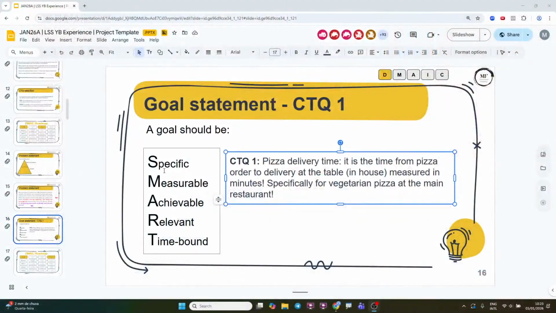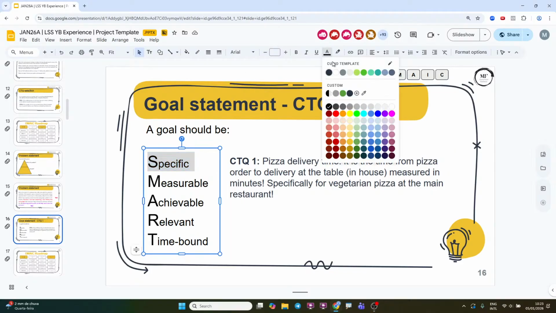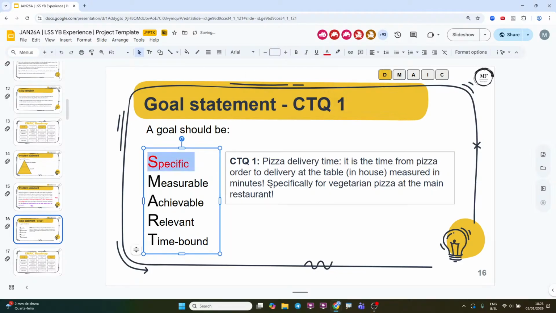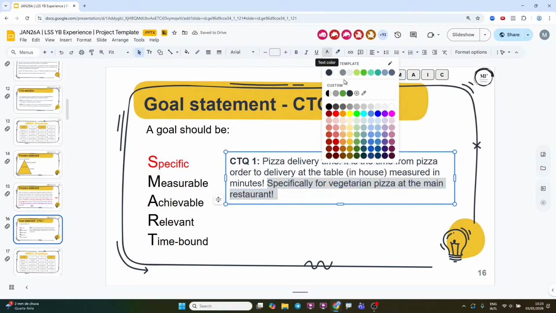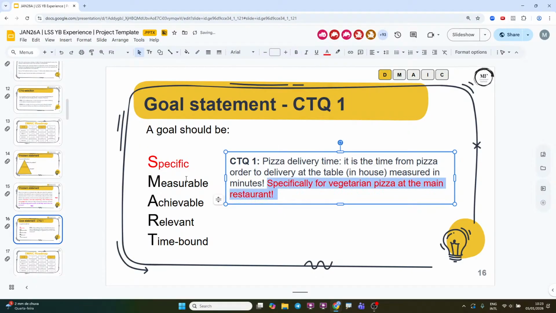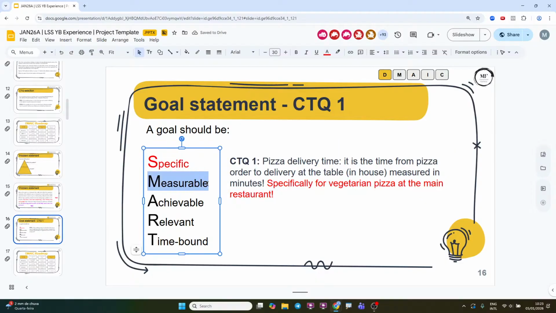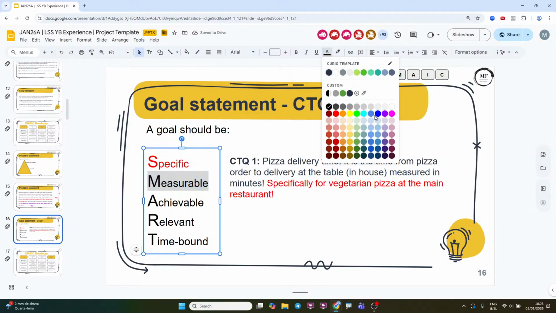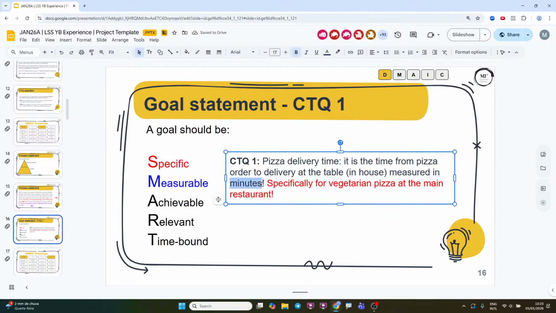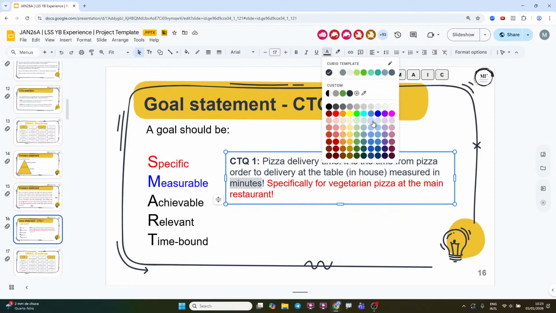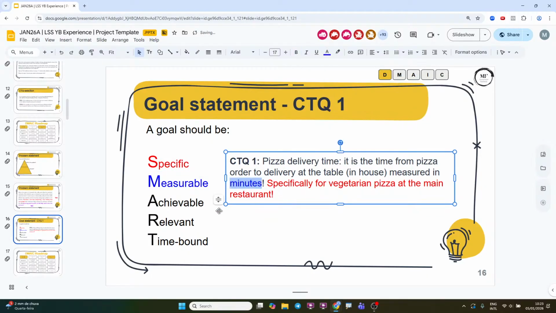Measurable, yes, measurable, because we are talking minutes. So, specific. Let me color code here. Specifically, vegetarian pizza in the main restaurant. Measurable: minutes.